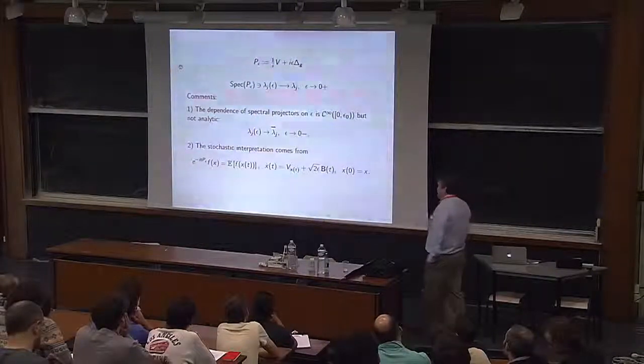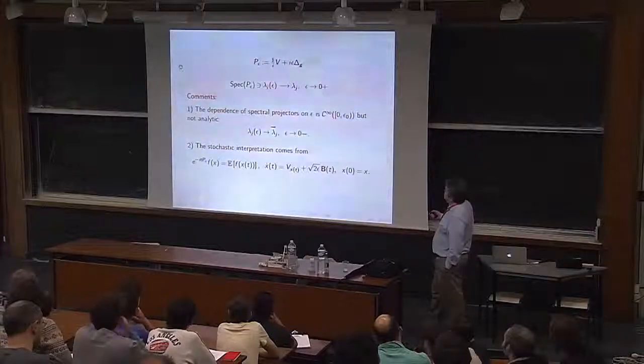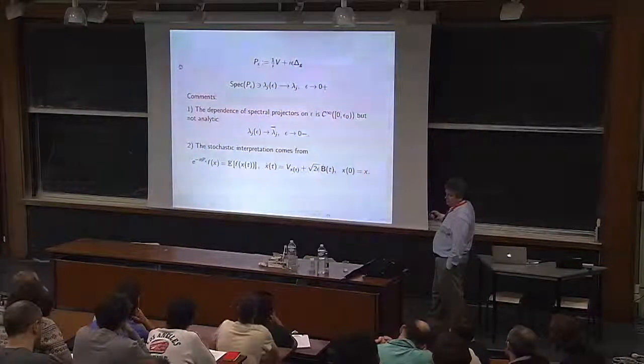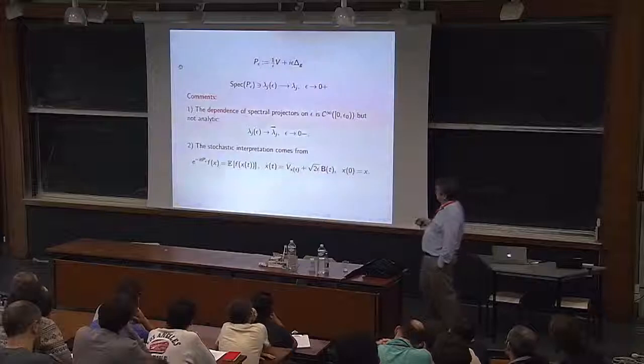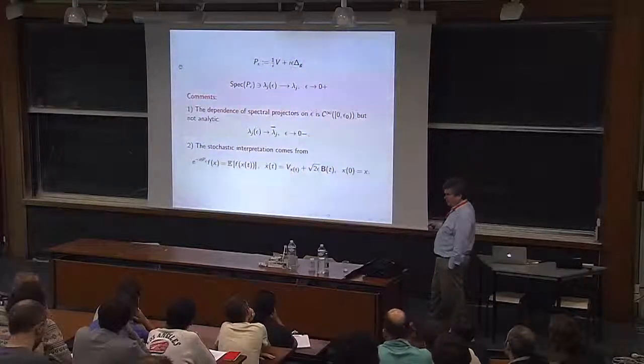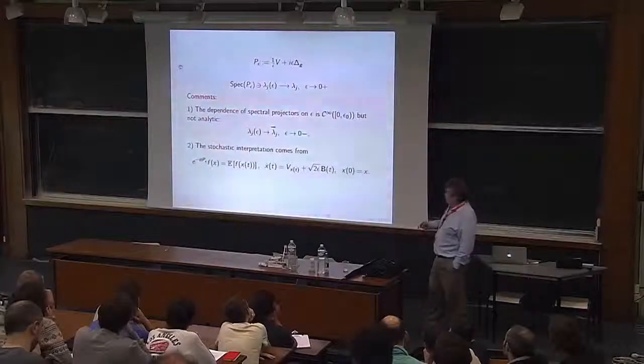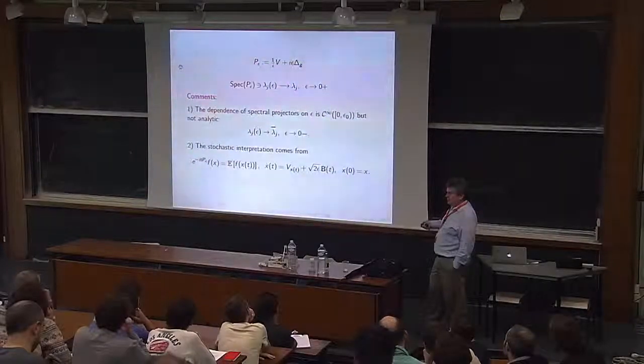The stochastic interpretation is the following. First, for instance, let's now suppose V is equal to 0. Then the standard interpretation of the heat flow is by considering Brownian motion. And then the heat evolution is given just by the expected value of f evaluated at the Brownian motion point.